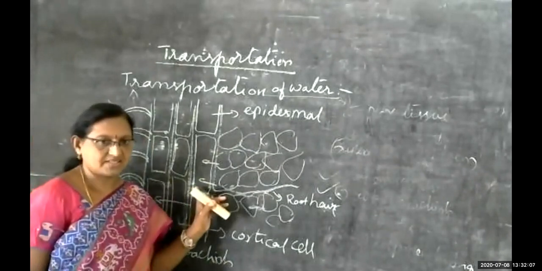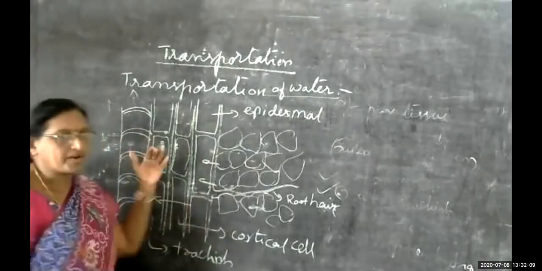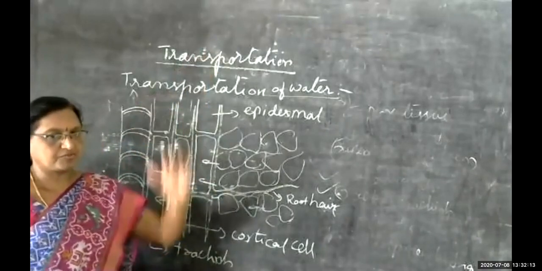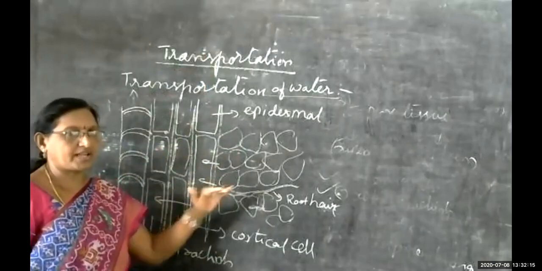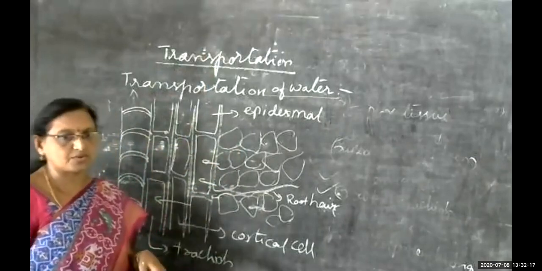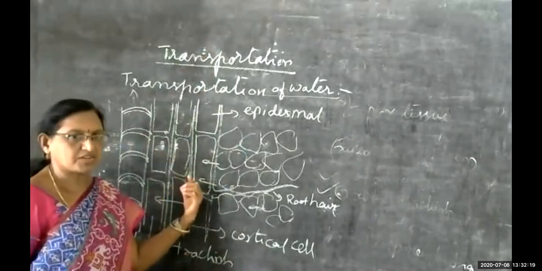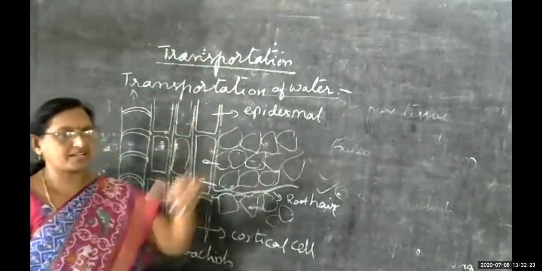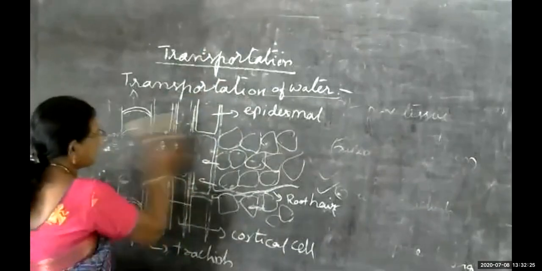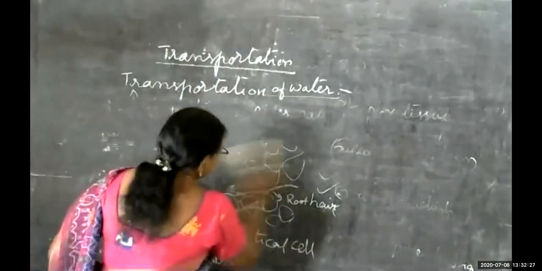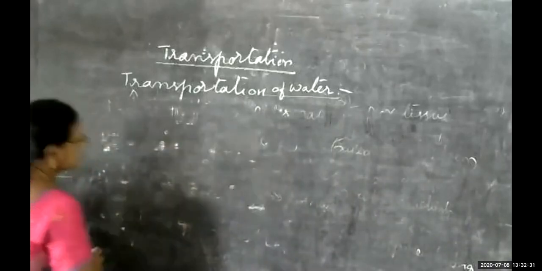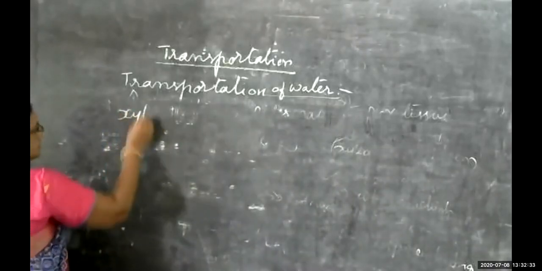So how are the xylem vessels able to transport the water, along with the minerals dissolved in it, to the different parts in an upward direction? That we will see now. Here, these xylem vessels are there, no children? The xylem vessels.